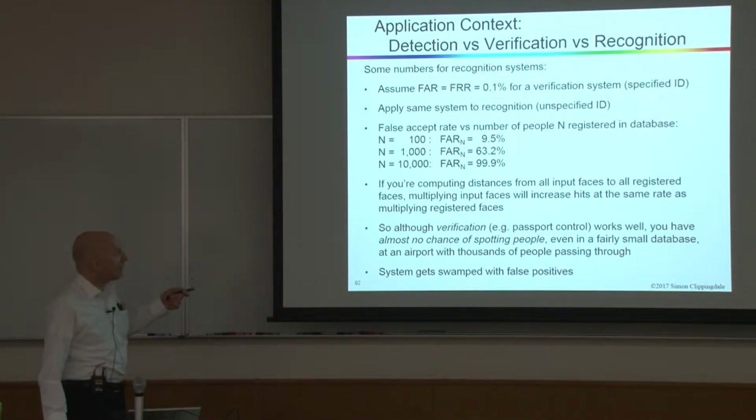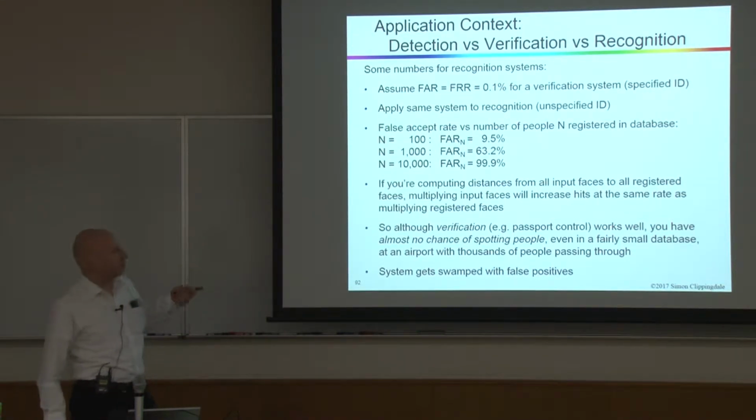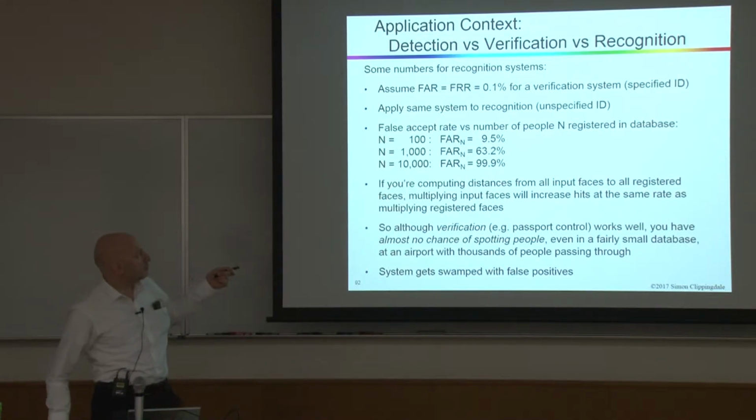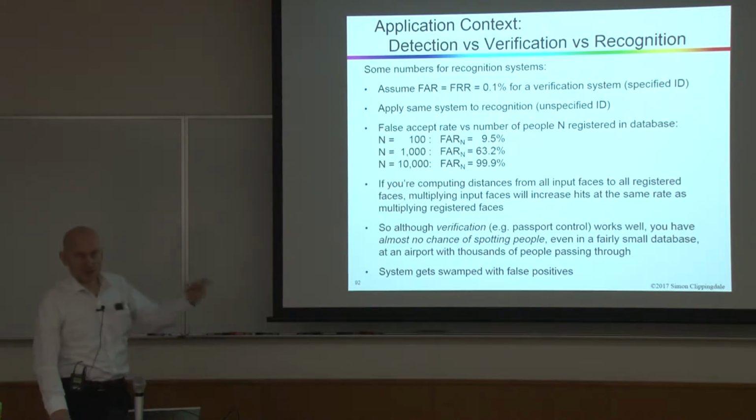So it's not only the number of people in the database, however, that is a problem for this kind of system. If you're computing distances from all input faces, potentially to all registered faces, the same effect happens if you multiply the number of people in the input. You're going to make mistakes more frequently.